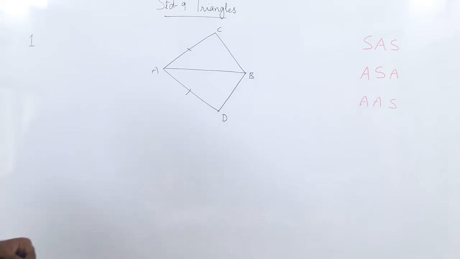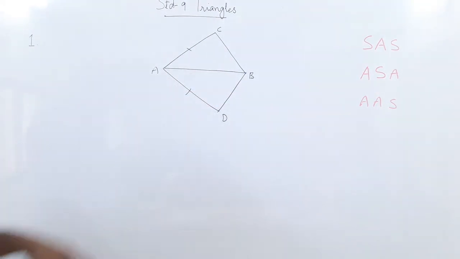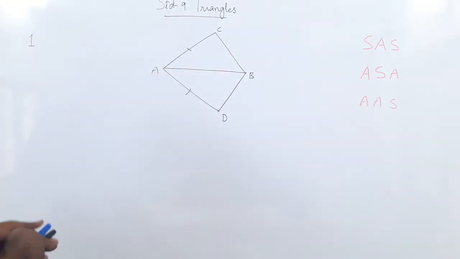Sum number 1, it is given to us. ACBD is a quadrilateral. Okay? So we have got a quadrilateral ACBD, and what is given to us?